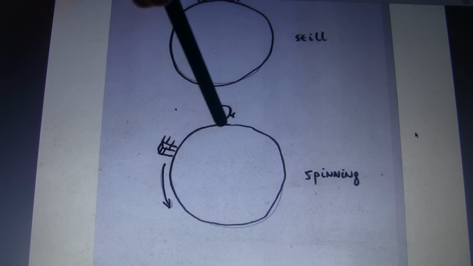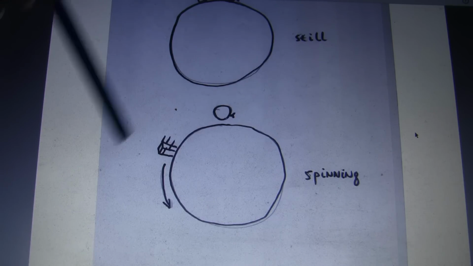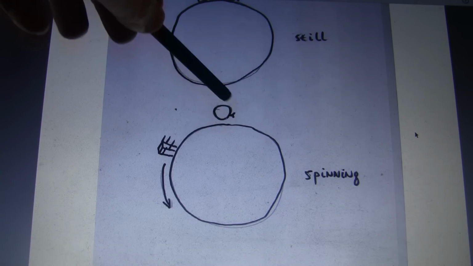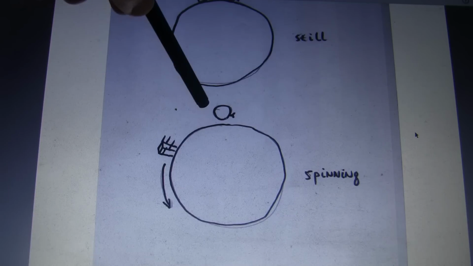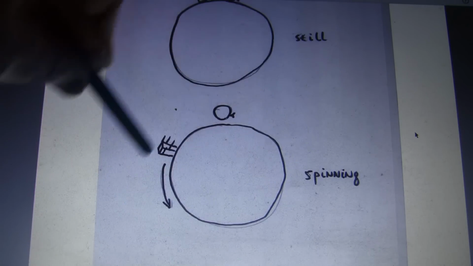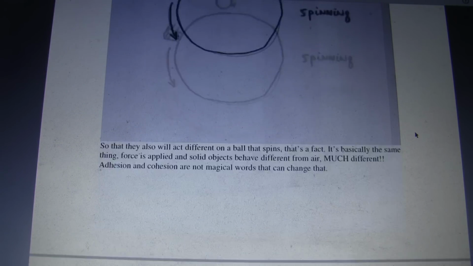So the effect of this force will be different. No physics professor or student can deny that, of course. And the adhesion, cohesion of this, pulling it to the Earth, maybe it's true, maybe not, is nothing compared to the force of the spinning Earth over 1,000 kilometers per hour.